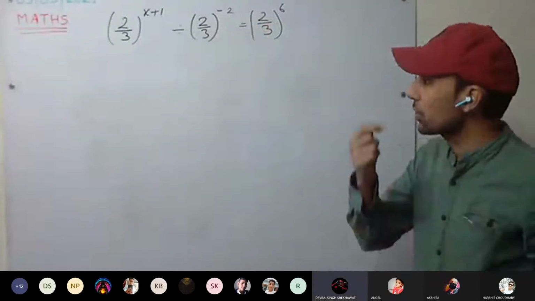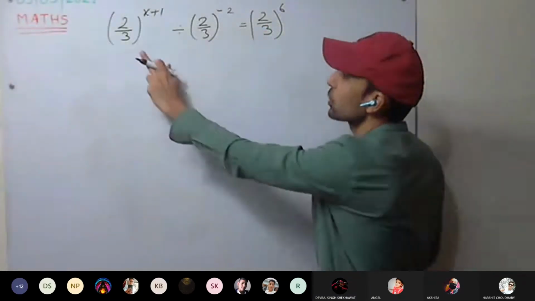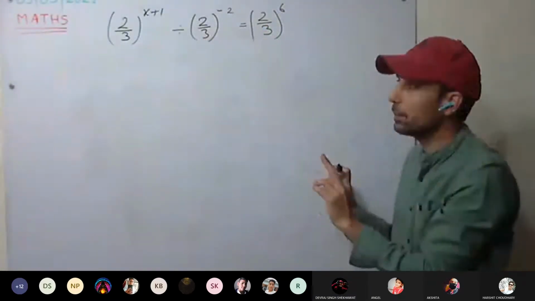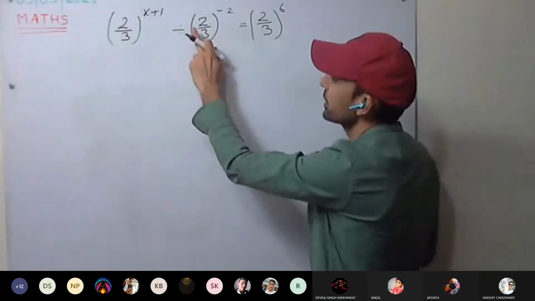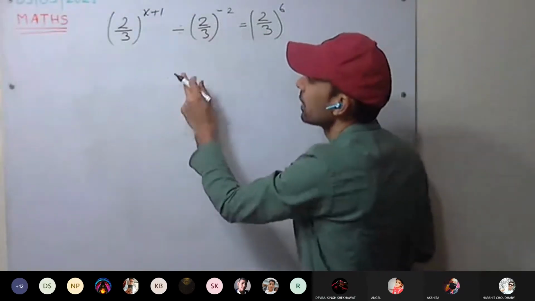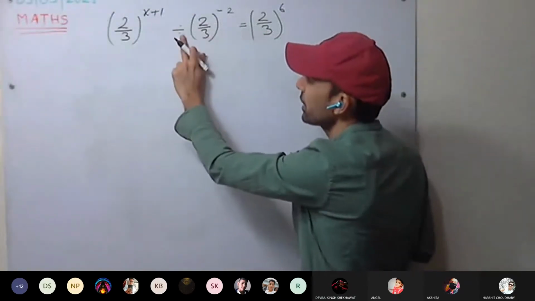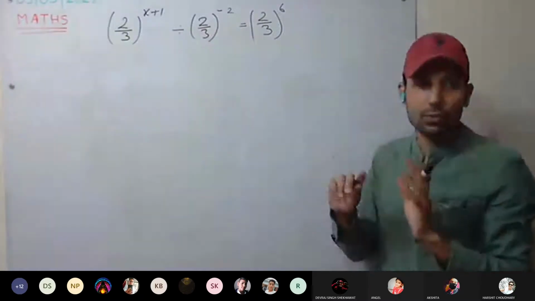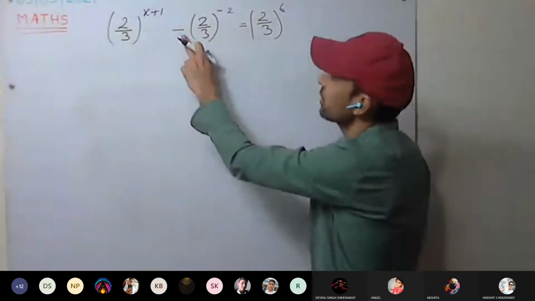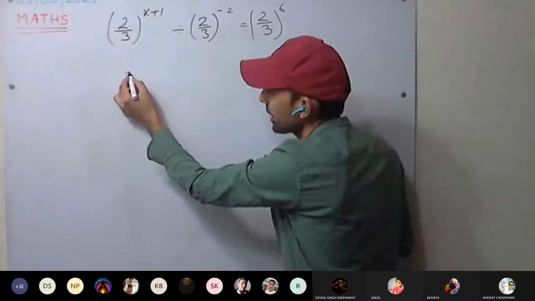This is the question. So 2 by 3, 2 by 3, 2 by 3, they all are same. Here we have to remove the divide sign. There are many ways to solve this one. If it is division, we can simply write it like this as well.